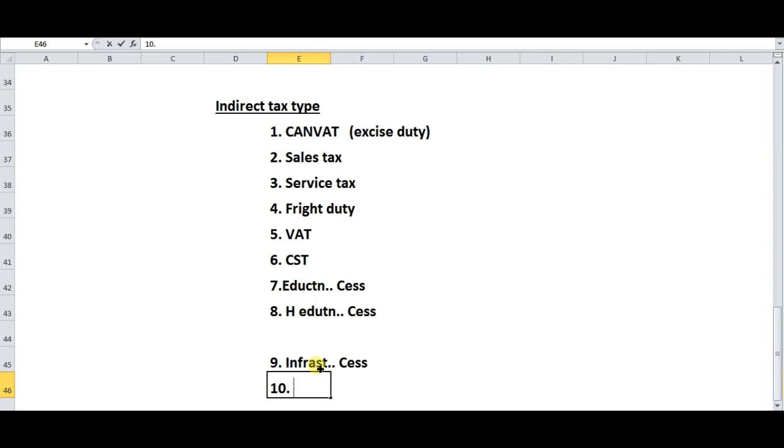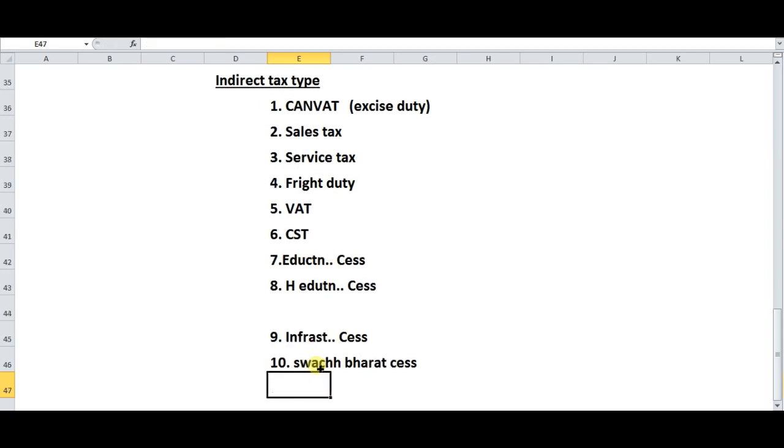And tenth one, Swachh Bharat cess. And 11th one, Krishi Kalyan cess.